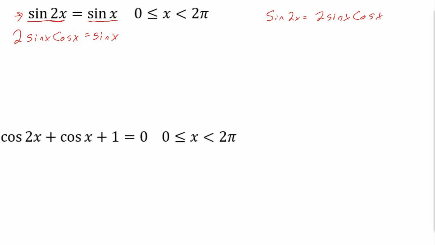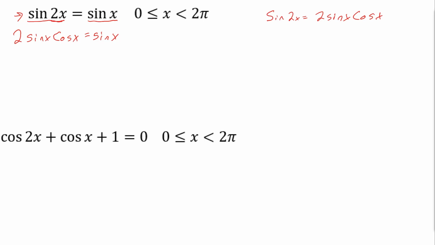So I have 2 sine x cosine x equals sine x. Now, a strong temptation right now is to divide both sides by sine x. And that would give us one of our answers, but it would make one of our answers disappear. So we don't want to do that. What we want to do is use our zero factor property.